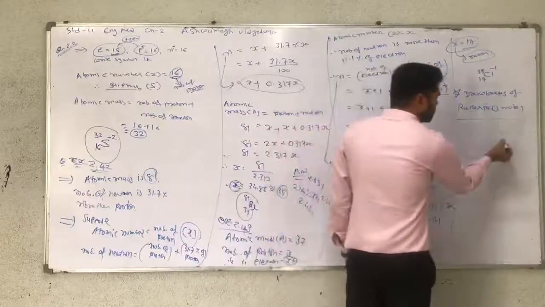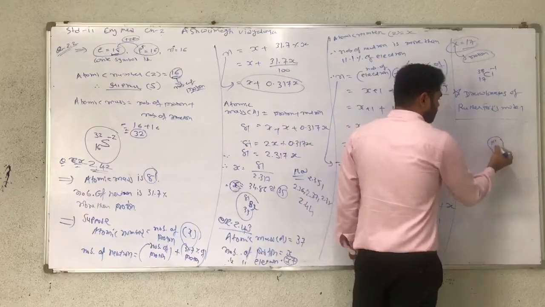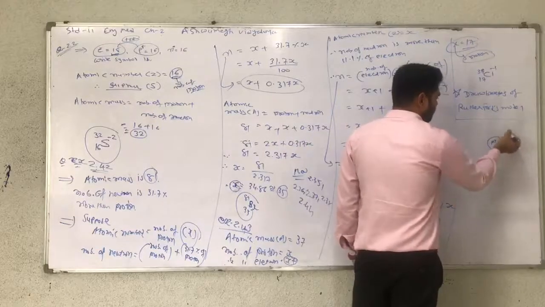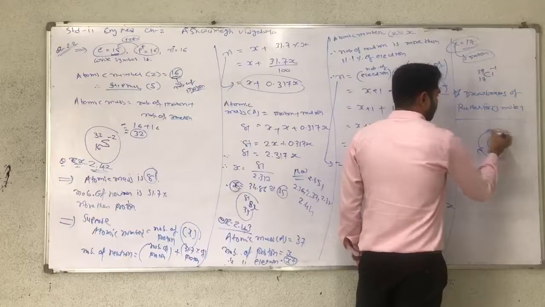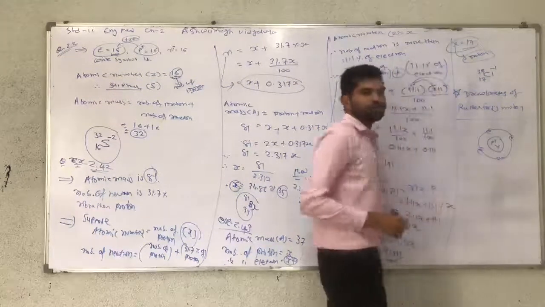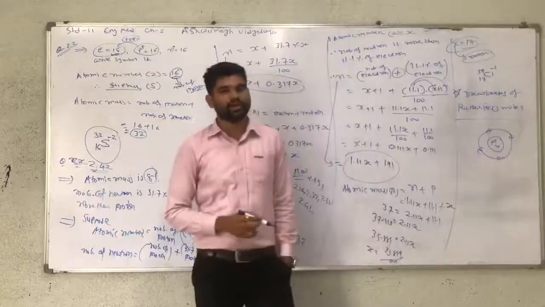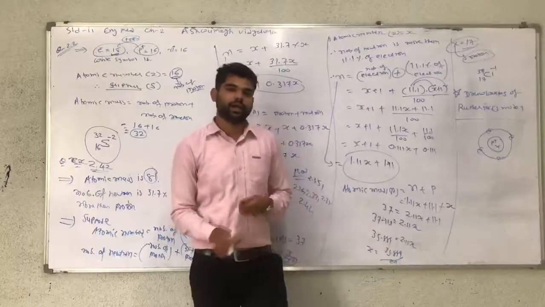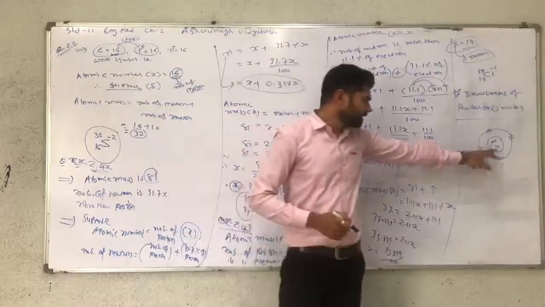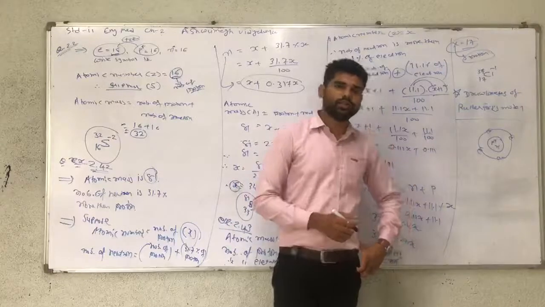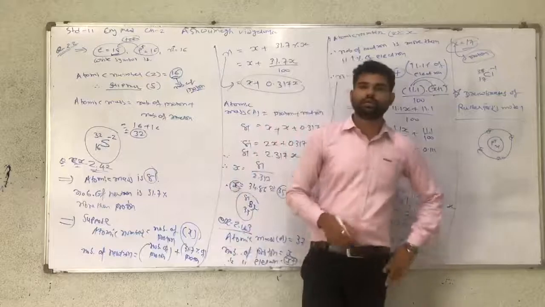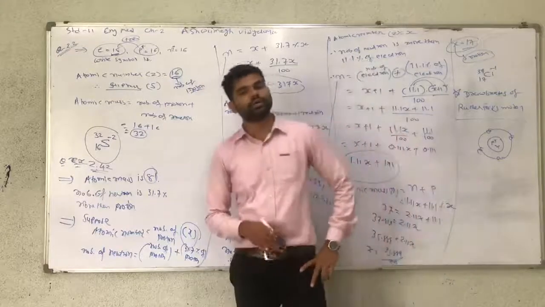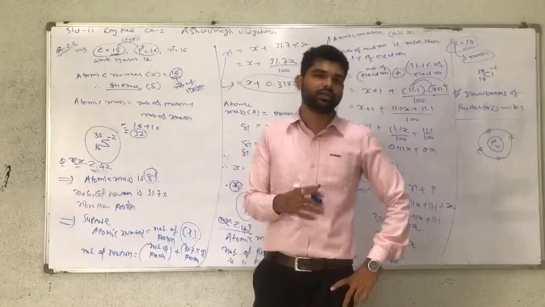The nucleus is like the sun and all the electrons are like planets. At the center, protons and neutrons are contained, similar to the sun, and the electrons move around it like the other planets.